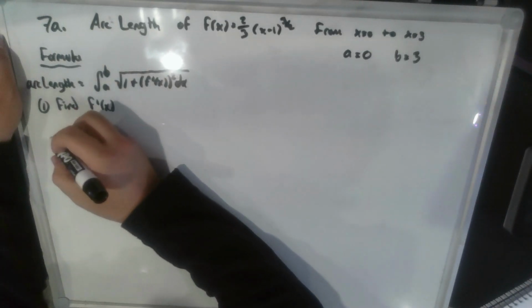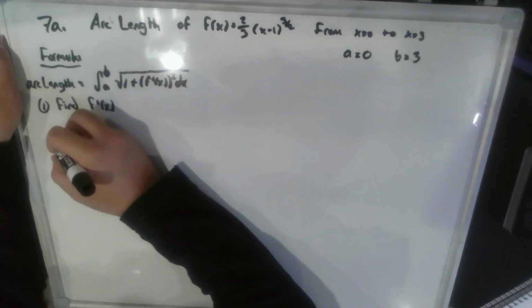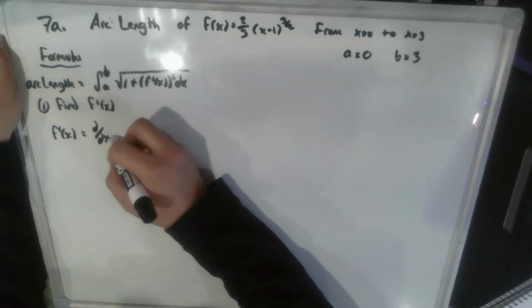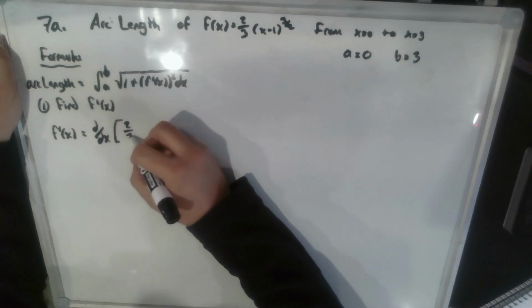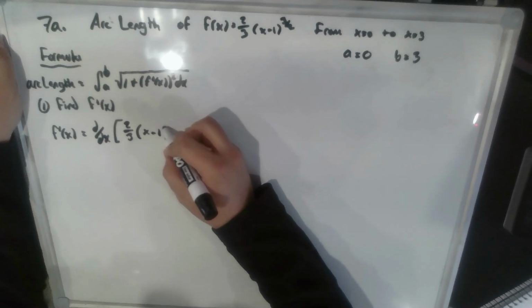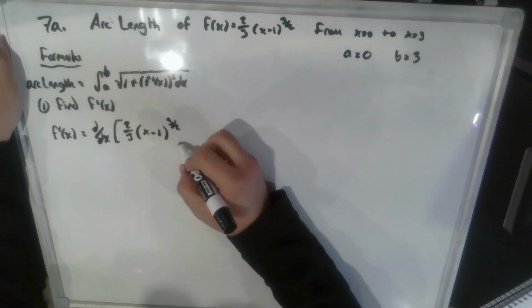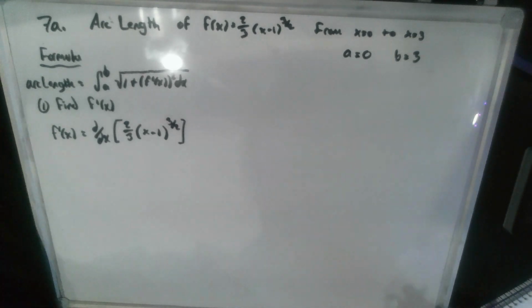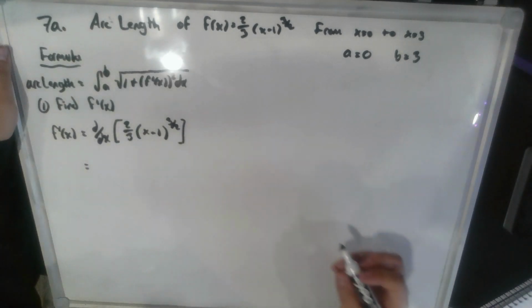So f prime of x is equal to d dx of 2 over 3 times x minus 1 raised to 3 halves. So this is what we're trying to find. First, I'm taking the derivative.